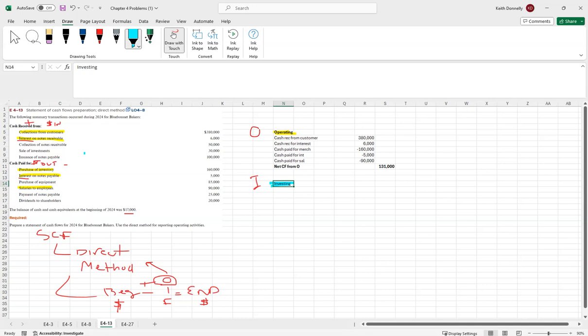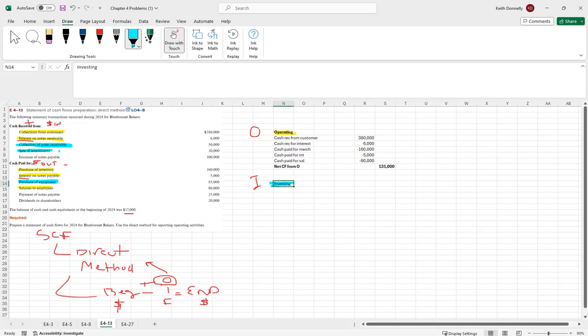That's not really from our operations itself. So notes receivable, that underlying principal of the note receivable, that would be here as an inflow. Sale of investments, that would be an outflow. Go down, oh, we bought some PP&E, purchase of equipment. That would be an outflow.